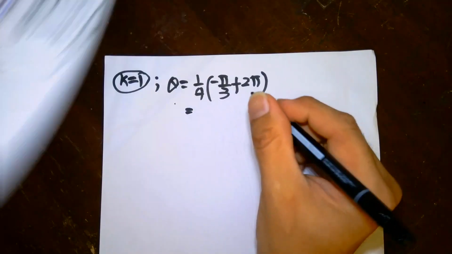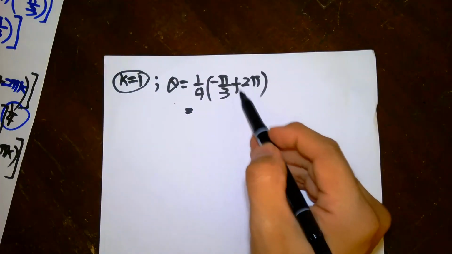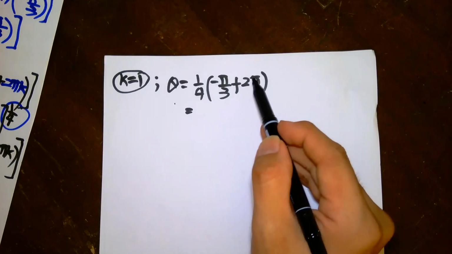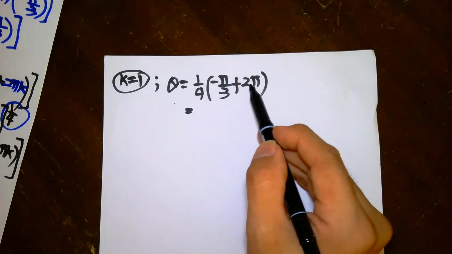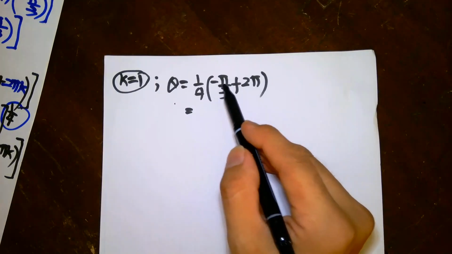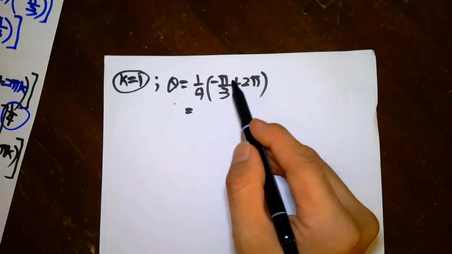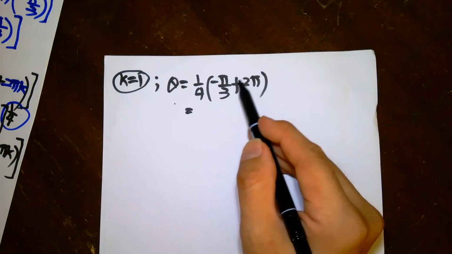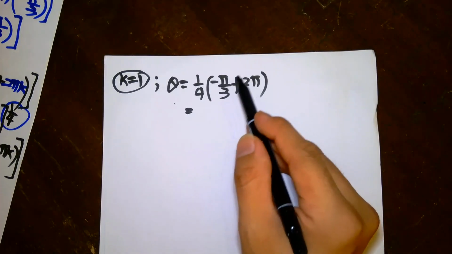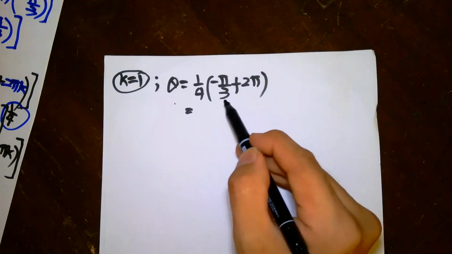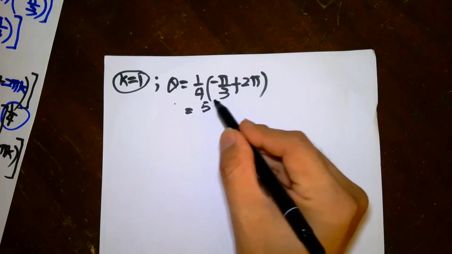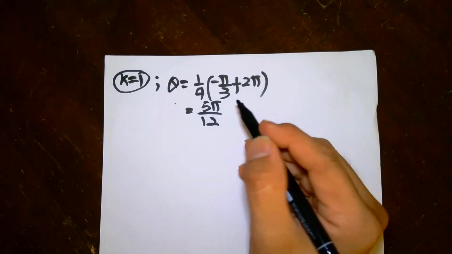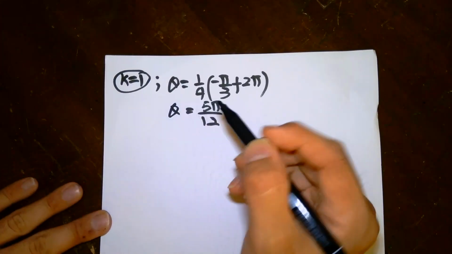So you get negative pi over 3 plus 2 pi, which is 6 over 3, 6 minus 1. After simplifying, you get 5 pi over 3, right? This whole thing is 5 pi over 3 multiplied with 1/4, so you get 5 pi over 12 as the second theta.